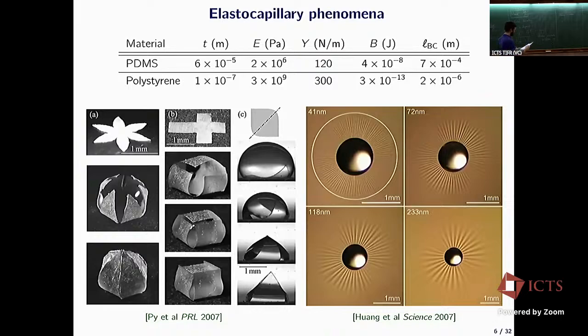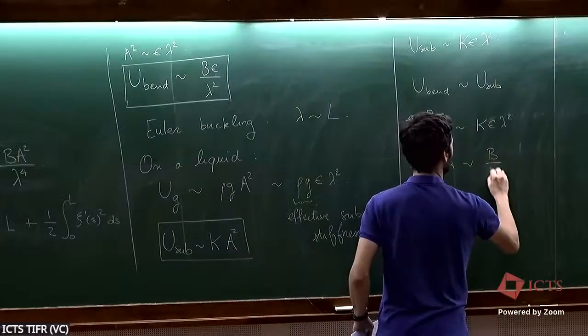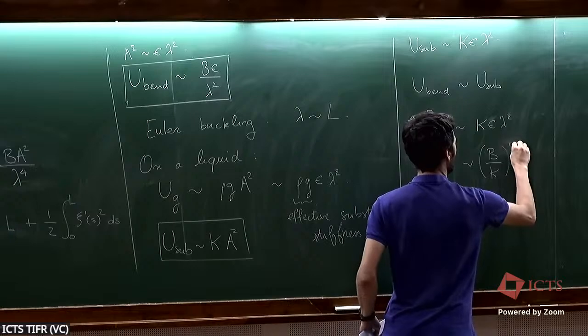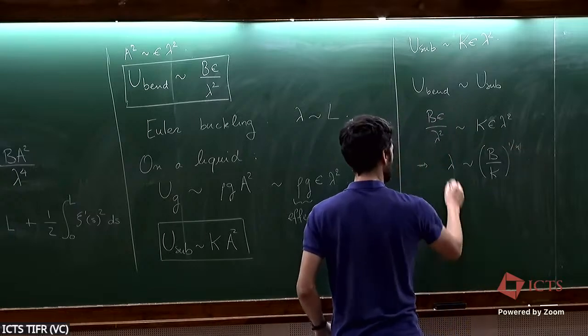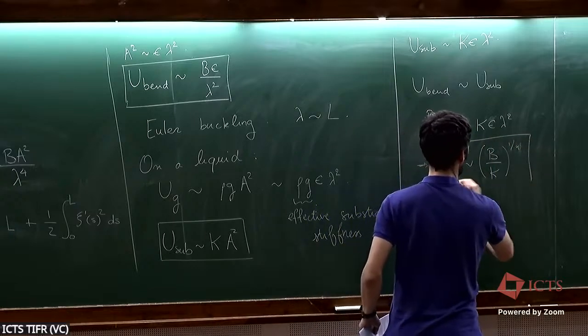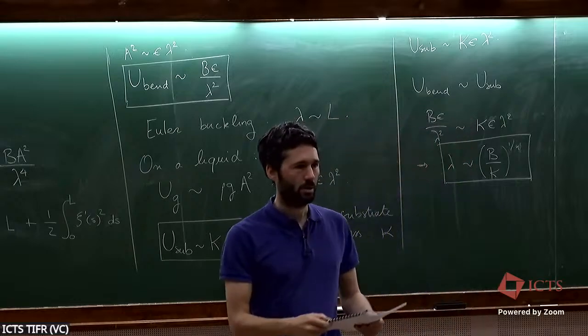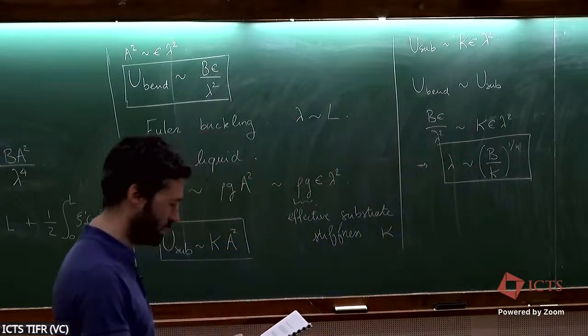So if you do that, you have B epsilon over lambda squared goes like K epsilon lambda squared, and this gives you lambda is (B over K) to the power 1/4. So this is how the wavelengths are analyzed.